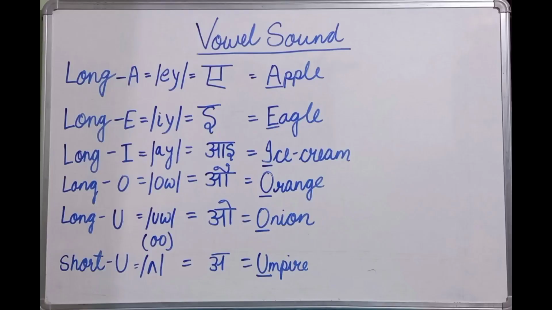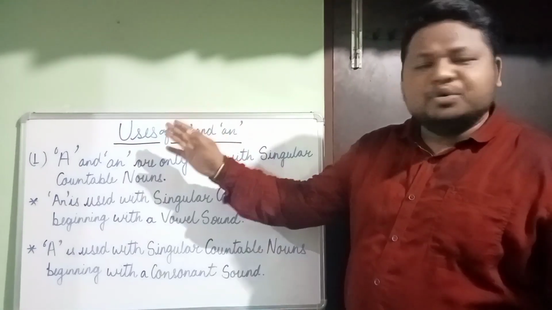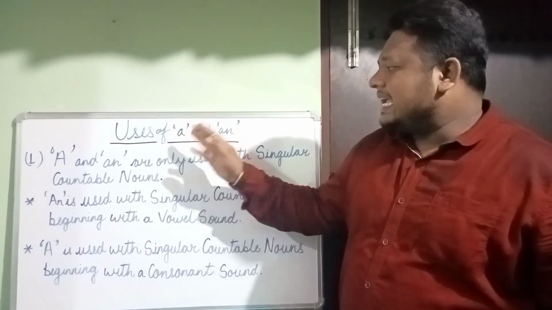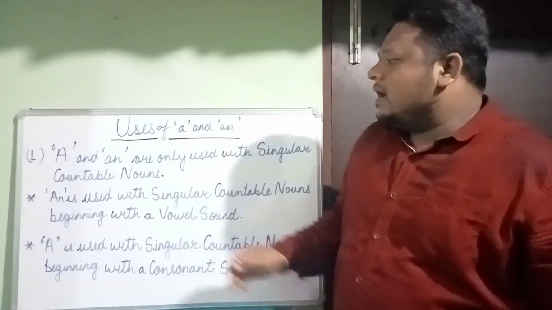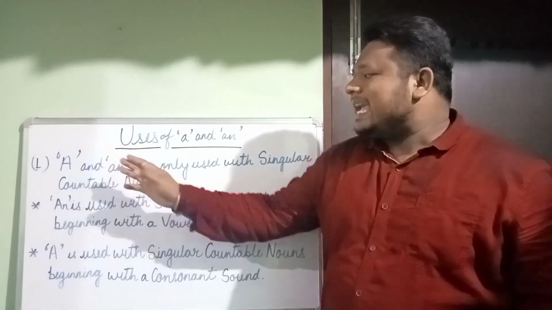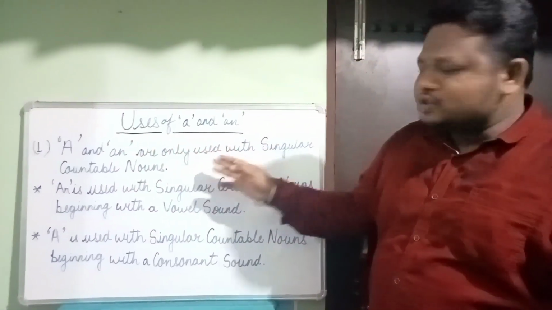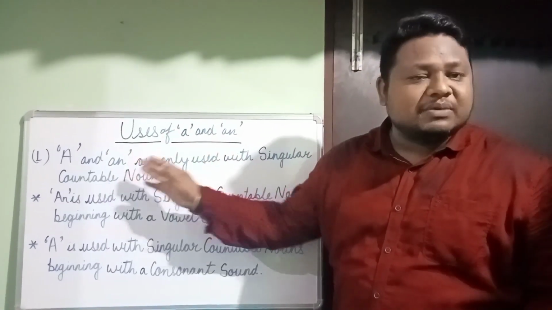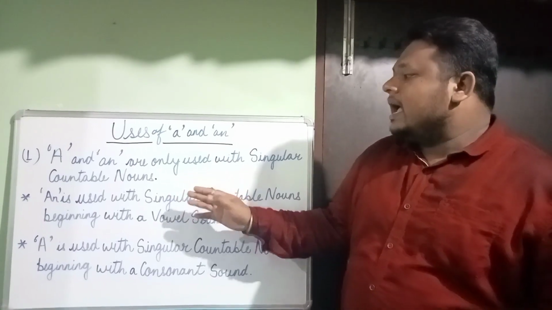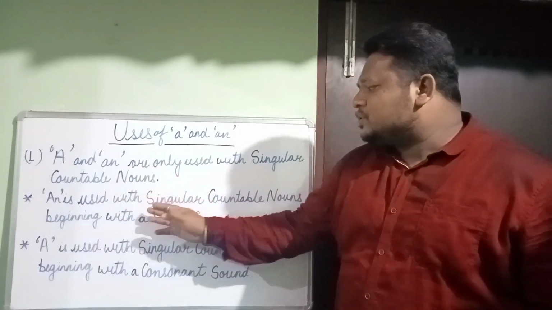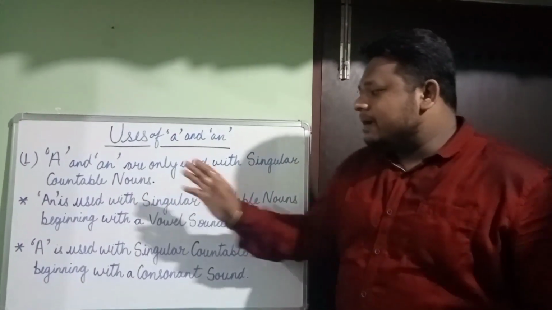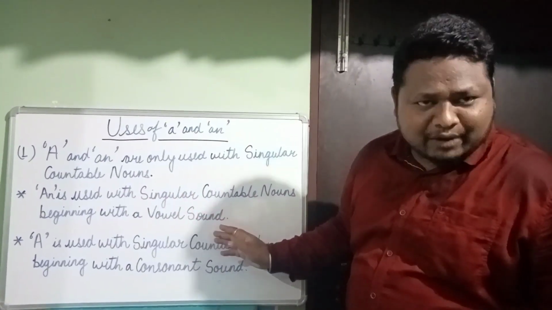Alright. Uses of articles. A and an. Number one, a and an are only used with singular countable nouns. All right? And an is used with singular countable nouns beginning with a vowel sound.